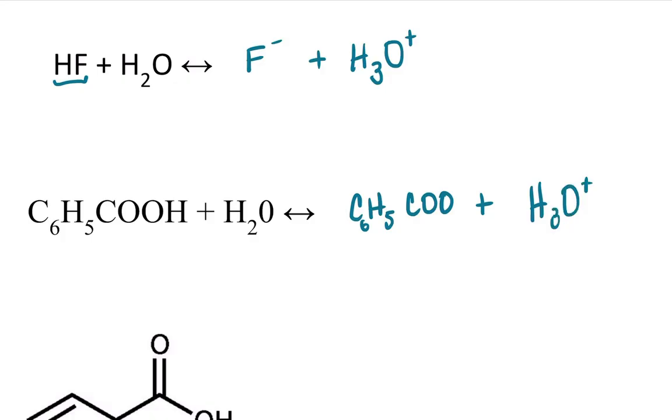So if I were to identify this, I would say this is the acid. I look for its form in the products, and this is the conjugate base. This is the base, and this is its conjugate acid.